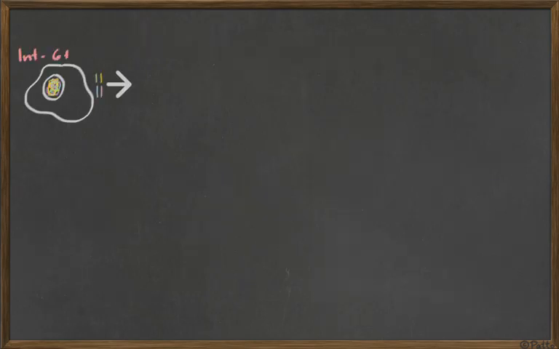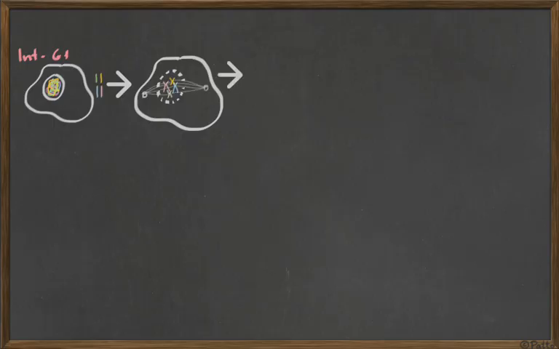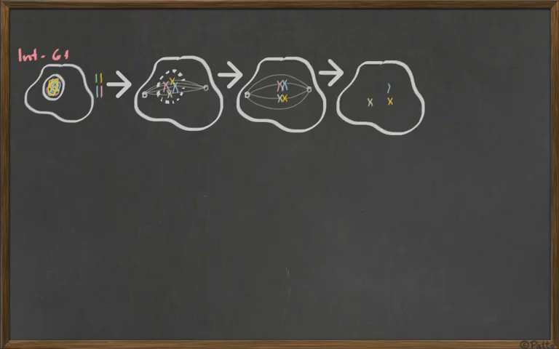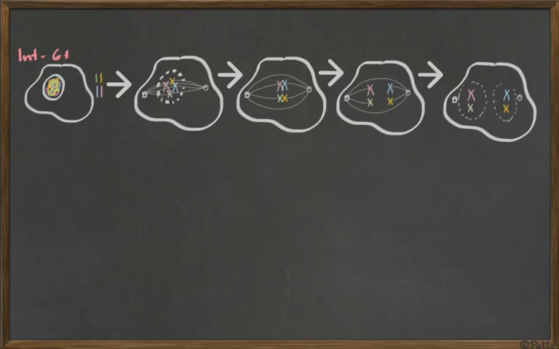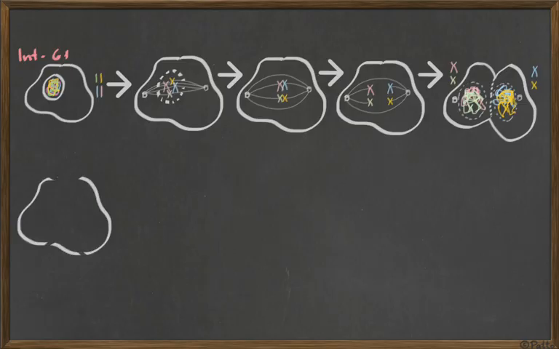Putting everything together: G1, then prophase 1, metaphase 1 aligned in pairs around the equator, anaphase 1 separating the chromosomes, telophase and cytokinesis separating the 2 cells, and now the cells are haploid. The cells have only 1 set of chromosomes, but things carry on.